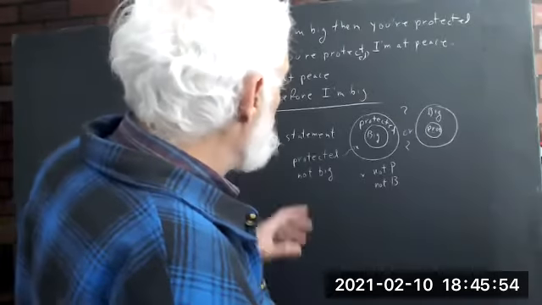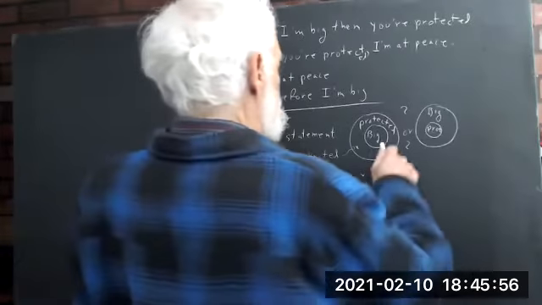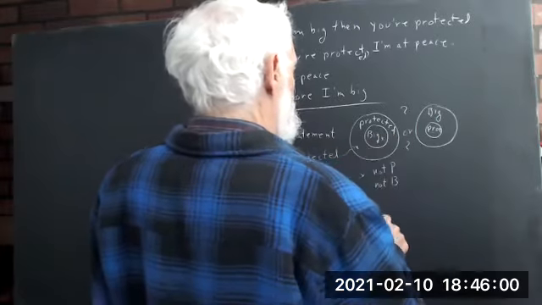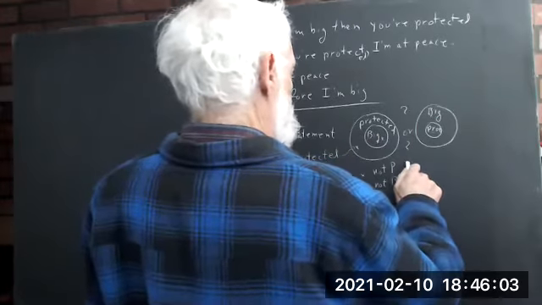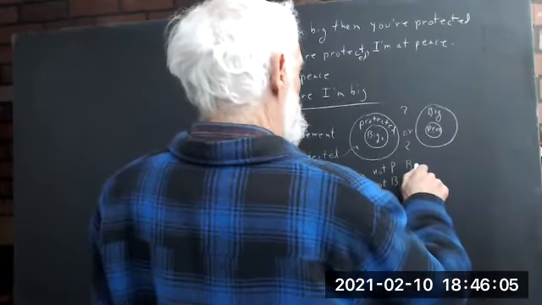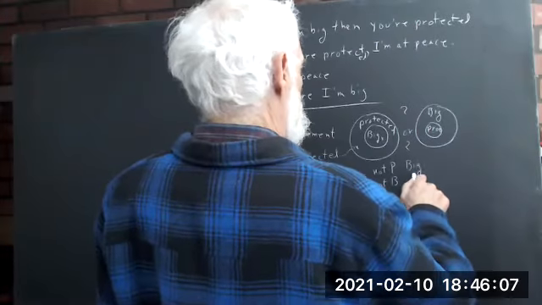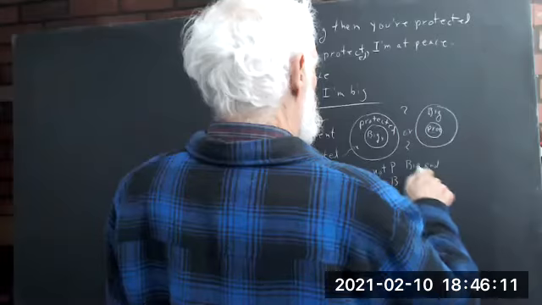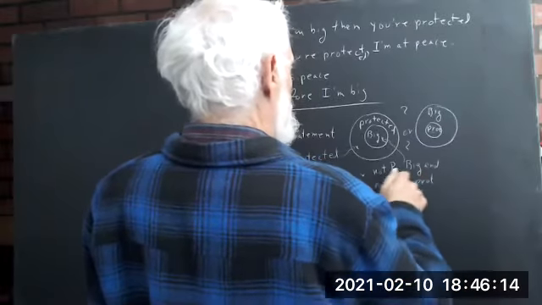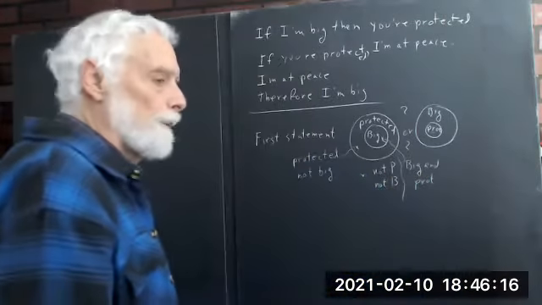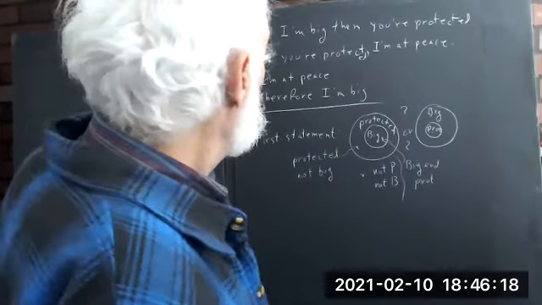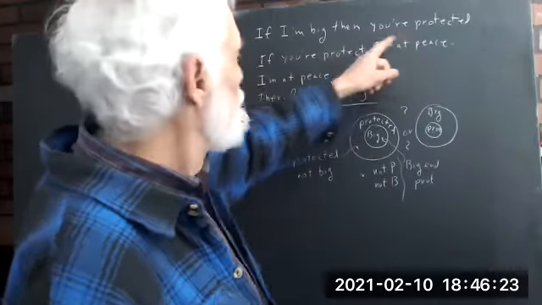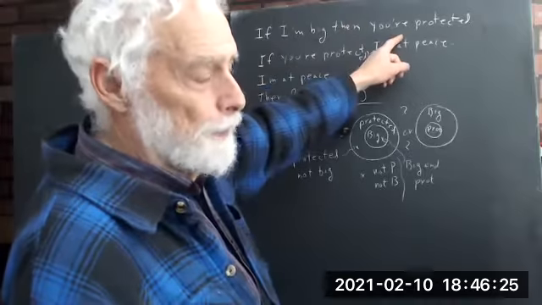Okay. If there's an X in here, then I'm big and you're protected. Okay. The only way this statement can be false is if I'm big and you're not protected.